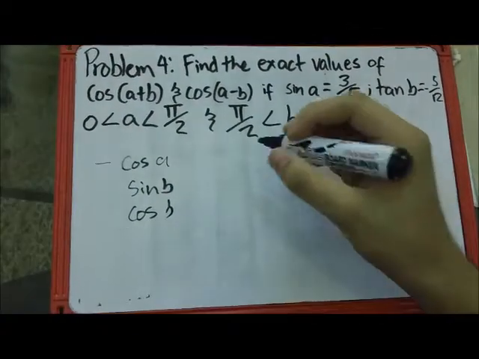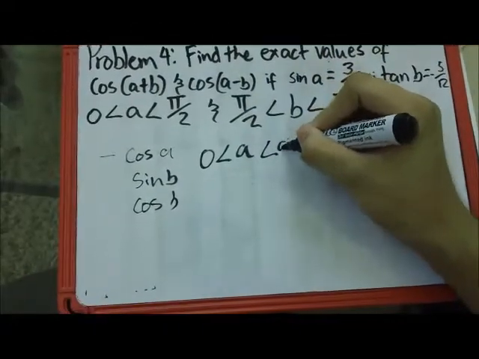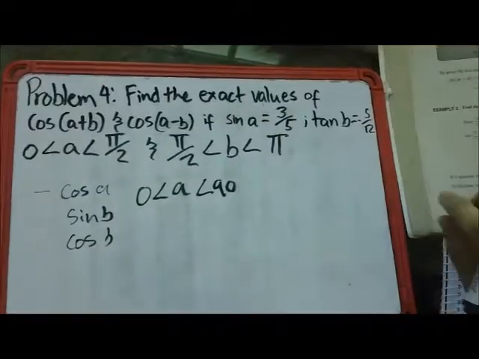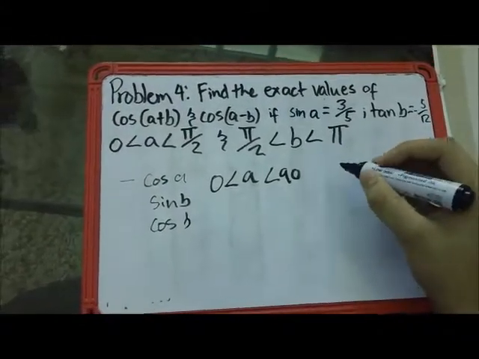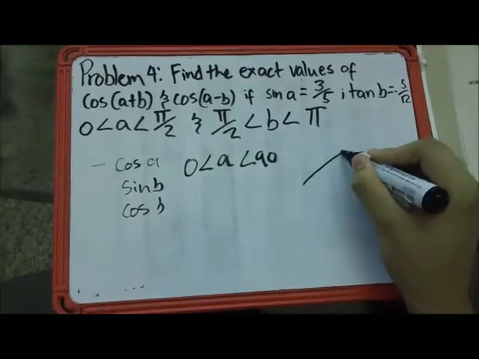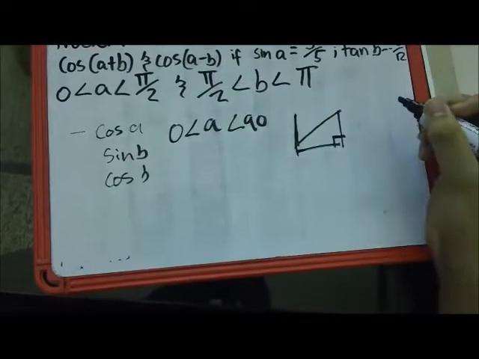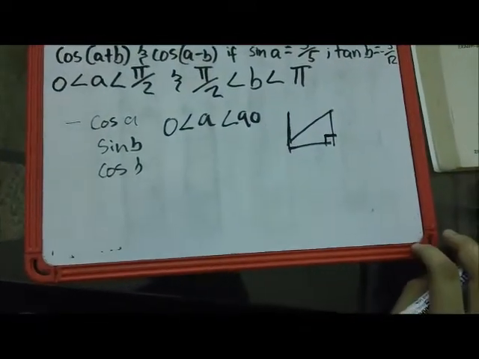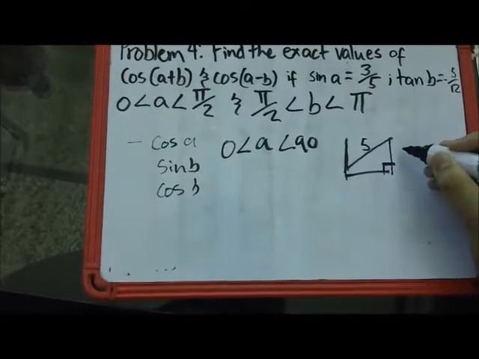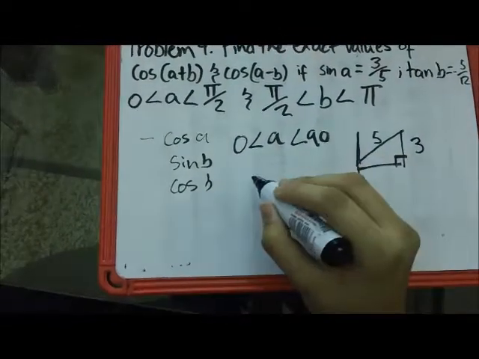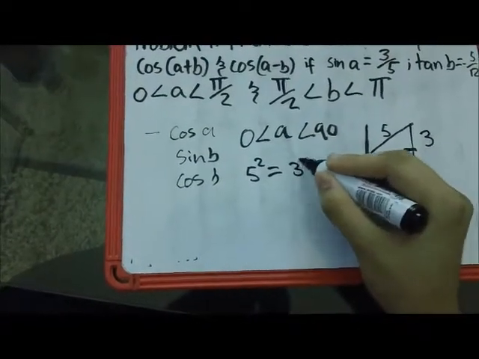To find cosine A, we have to use the Pythagorean theorem. Since A is in between 0 and 90 degrees, since pi over 2 is basically just 90, A is therefore in the first quadrant. So we draw a right triangle in the first quadrant, and we substitute the values. 5 and 3, we use the Pythagorean theorem here.